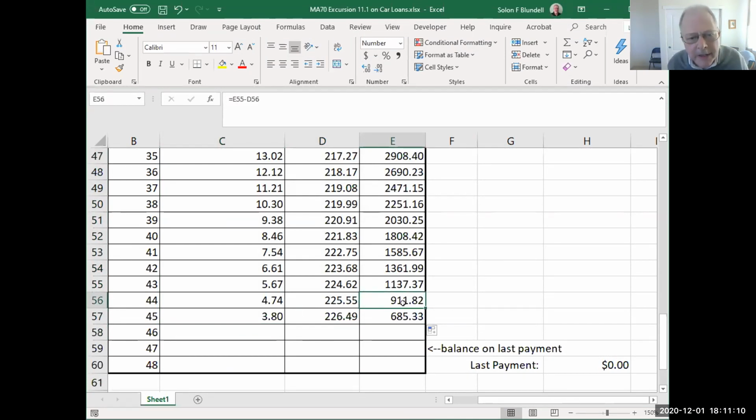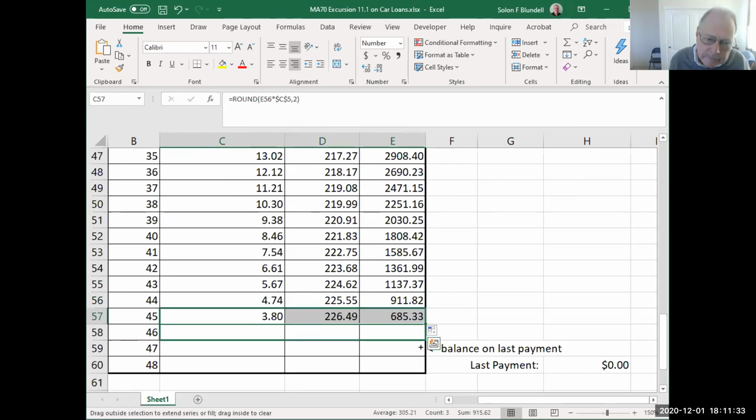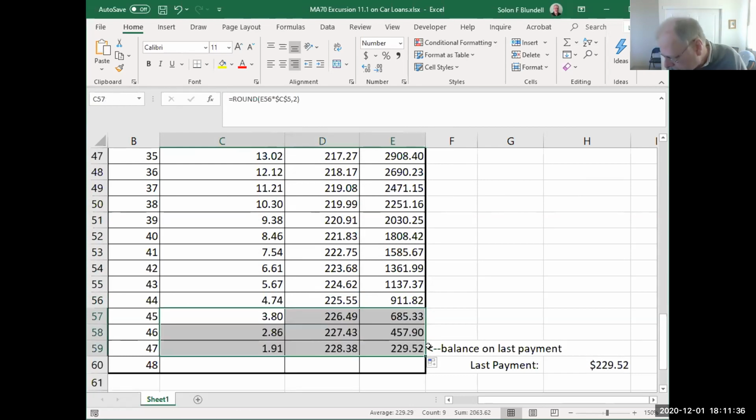Balance of $911.82. So the interest, I just multiplied by that nominal monthly rate and then rounded off to a whole number. See, I just calculated $229.33 was what was due. But it's not. We came up a little bit short.